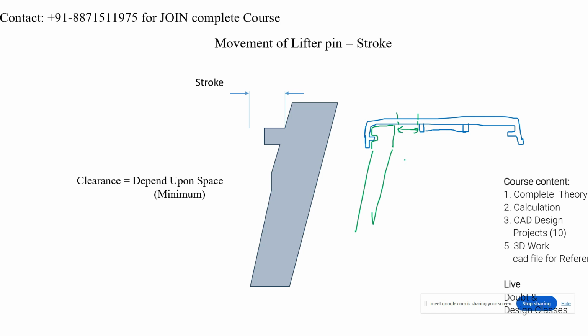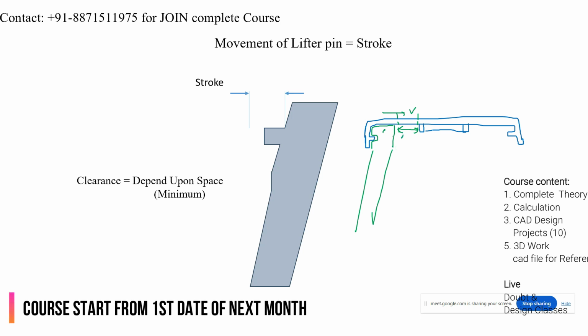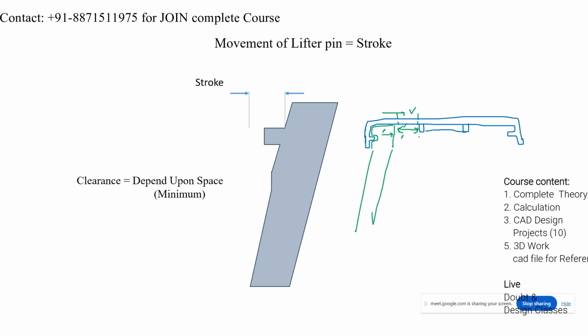Only this. You cannot move this lifter more than this distance, right or wrong? Yes. If you slide this lifter more than this distance, what will happen? This feature will break.